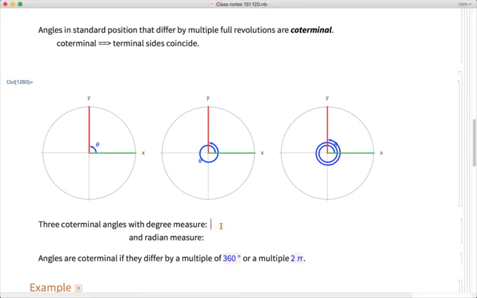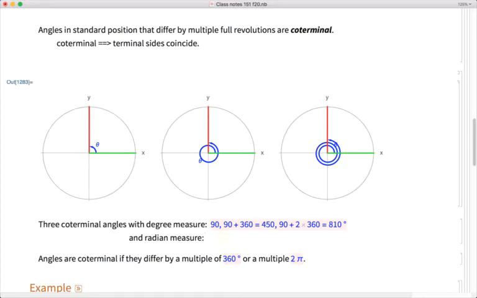So these angles in degree measure are 90. Well, a full rotation is 360 in degrees, so that's 450 degrees. And then the last one, we added on 2 full rotations. I think that's 90 plus 720. I believe that's 810 degrees.